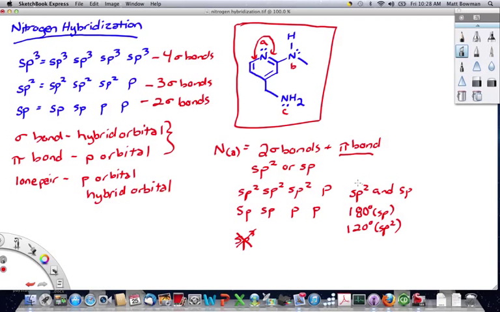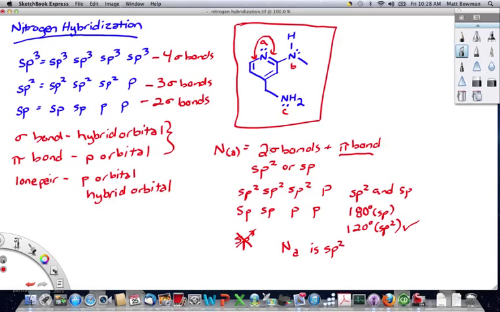Sometimes the model helps, but if you look here, it would be very difficult to draw a hexagon with a linear 180 degree bond angle. This bond angle is closer to 120 degrees. So this nitrogen A is sp2 hybridized.